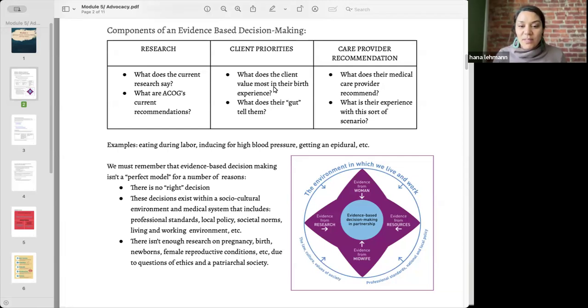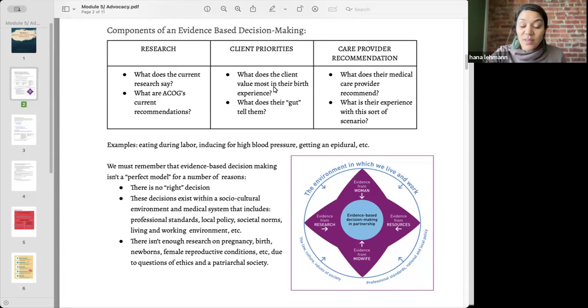We must remember that this evidence-based decision making isn't a perfect model for a number of reasons. One, there's just no right decision. We don't have a crystal ball that will tell us exactly what we should do. There isn't usually a right decision in some of these more gray area decisions.